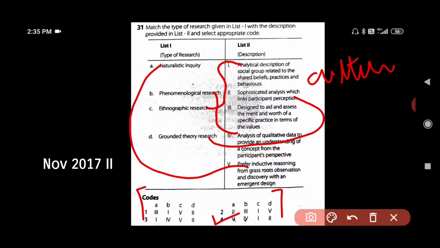So, naturalistic inquiry tends to be unstructured. Okay? As the research goes on, there is this tendency for new ideas, new concepts, new findings to emerge. Emergent design is the ability to adapt to those new developments as the research is happening. Okay, so our answer will be 4.